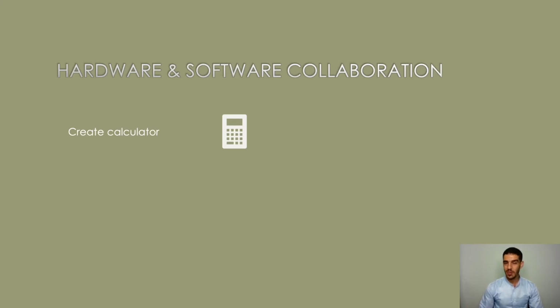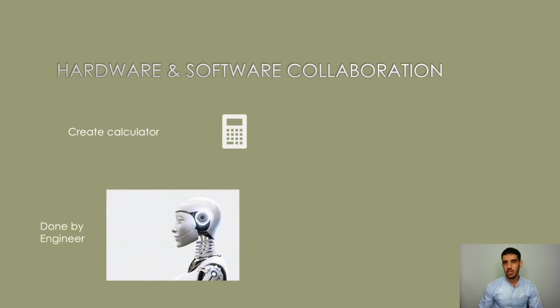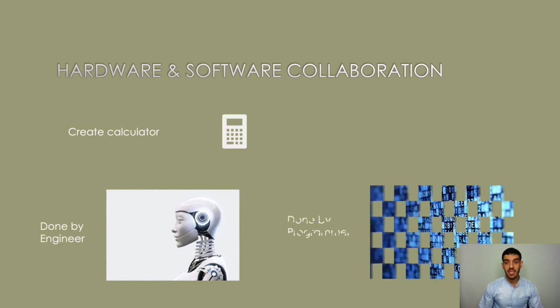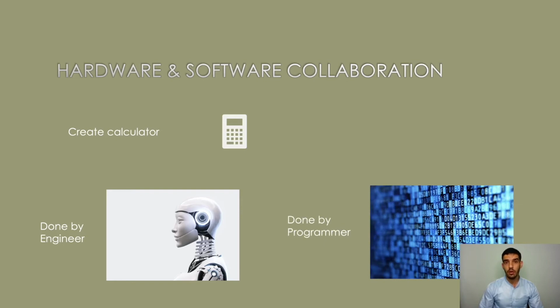As we said, the software is the instructions, right? The hardware will mostly be made by an engineer. So if we are going to make a calculator, an engineer will come and set the components and link them to each other. Still, there is a need for a developer or a programmer who will write the code so this device can start to do the calculations.